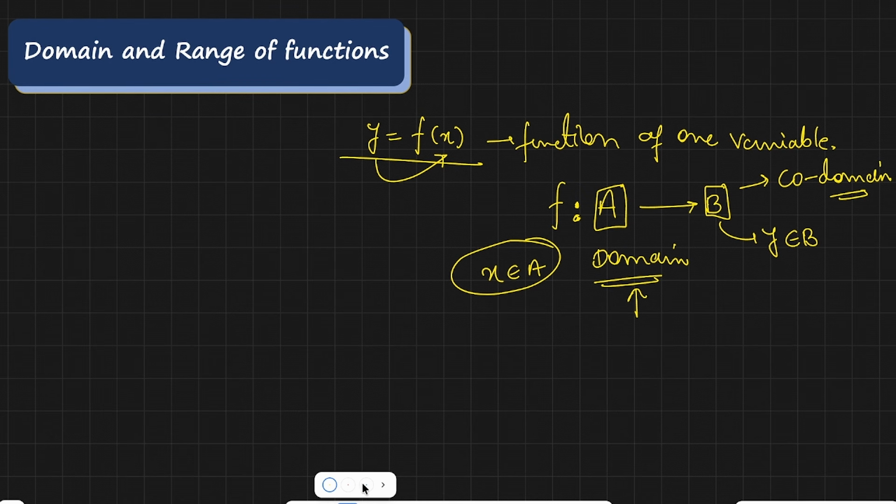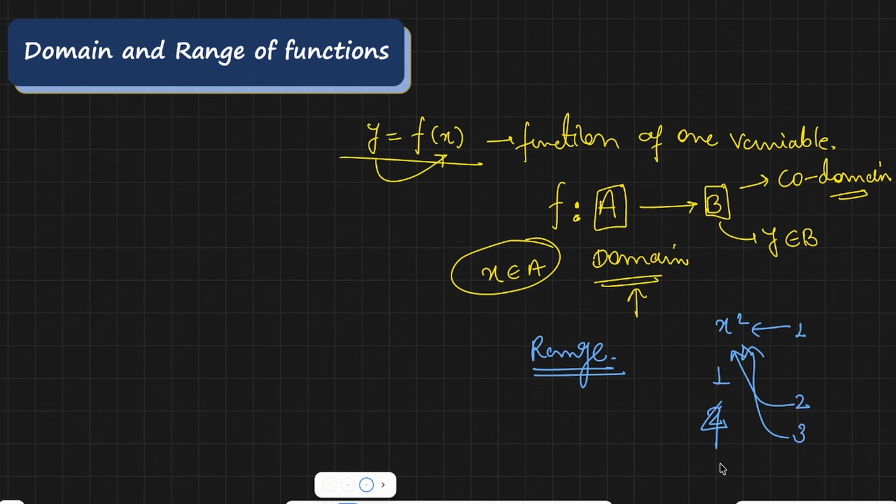Such a set is known as the domain. Okay, now the next thing is, what do you mean by the range of a function? Simply, the range of a function means the exact outcomes. Let's say I have x square. If I put 1, I will get 1. If I put 2 in this function, I will get 4. If I put 3, I will get 9. So these are the exact outcomes of my function, and these are known as the range.